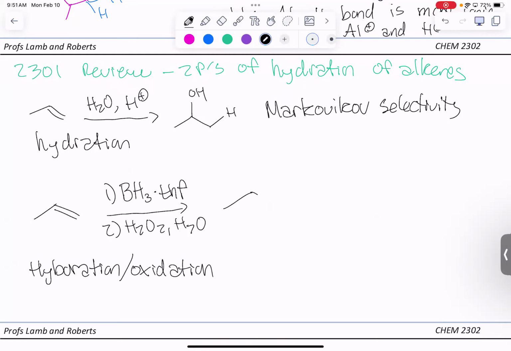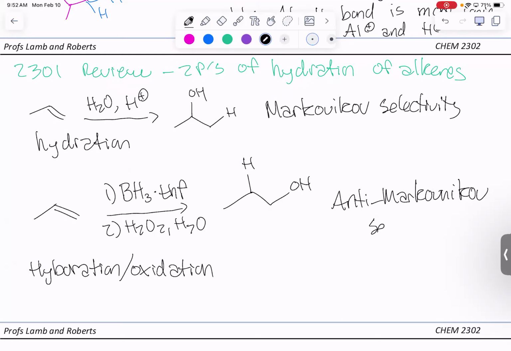What we would get here is the other isomer of our alcohol. This is called anti-Markovnikov selectivity. So you have learned to make alcohols before. This often comes up in the homework, so I just wanted everyone to be aware.